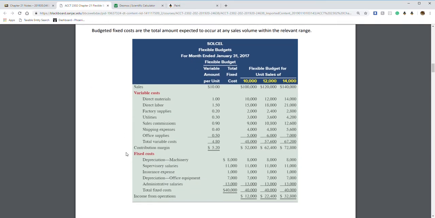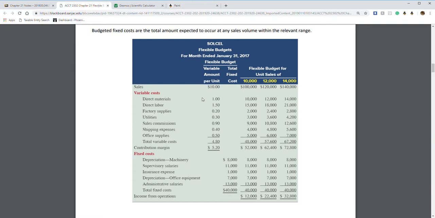This time, instead of using a single fixed level, we spread it. So now we've got 3 activity levels. We have it if the factory sells 10,000 units, 12,000 units, or 14,000 units. And we run through the costs basically the same.